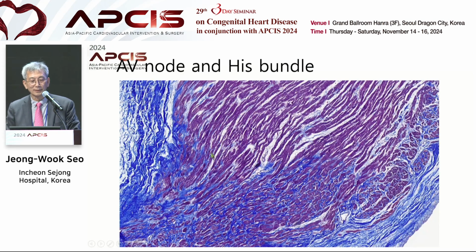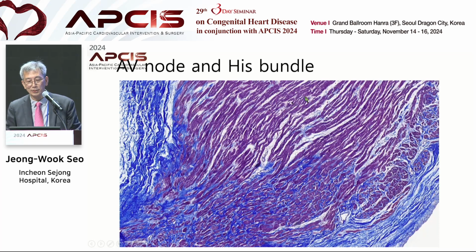So I studied a little bit how the conduction system can stimulate the neighboring conduction fascicles. I don't know exactly, but we understand that it is pacing the collateral pathway. I think in this picture, it is a part of the His bundle area, the AV node and His bundle area.